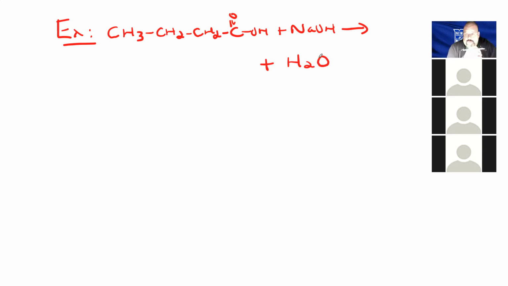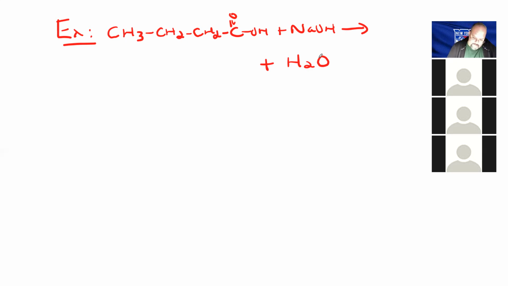We're going to have neutralization. How do we draw the products? A couple things to consider. First off, you're dealing with solutions. The sodium hydroxide is going to be in solution. It's not going to be in a solid form. It's going to be a sodium hydroxide solution. The point I'm trying to make is that this reaction is going to take place in water.